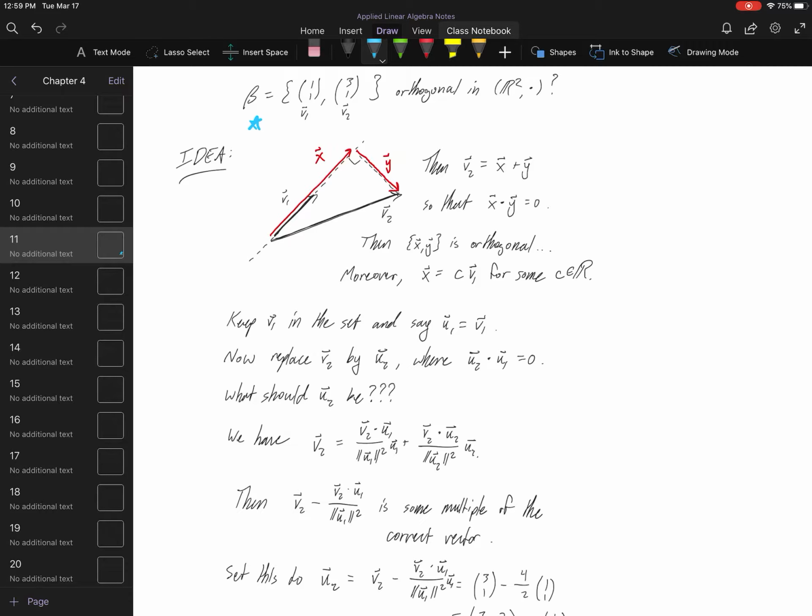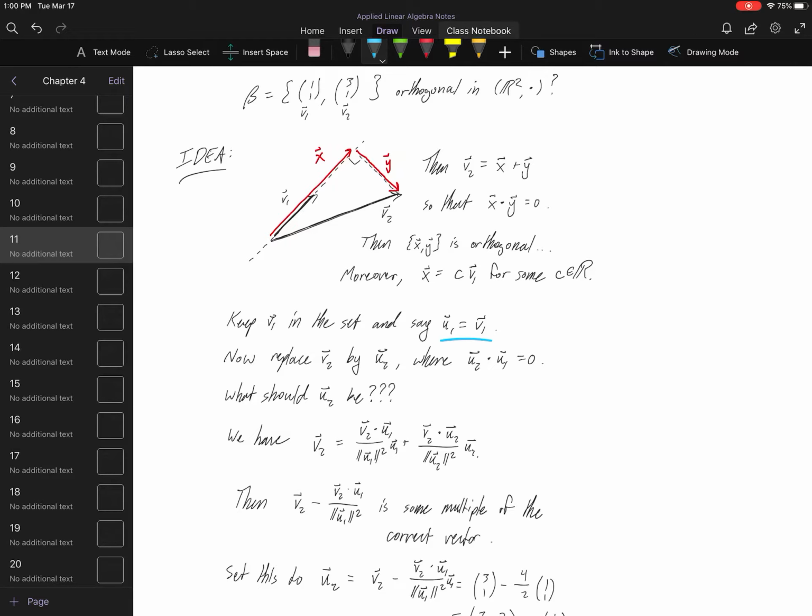Let's keep the set beta as close to the original set as we can. So let's say that the first vector in our new orthogonal set is just going to be the first vector of the original set. So just go ahead and set u1 equal to v1.